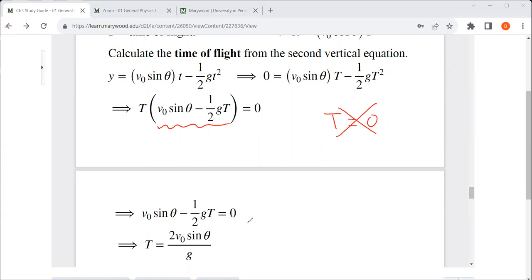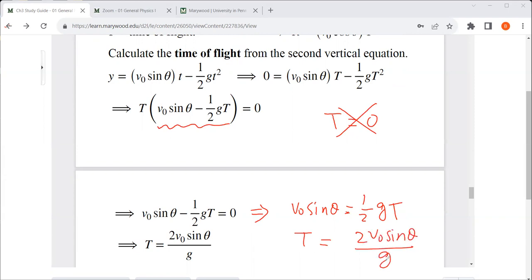So v0 sine theta equals half gT, and if I solve for T, I get 2 v0 sine theta over gravitational acceleration. This is the time of flight.